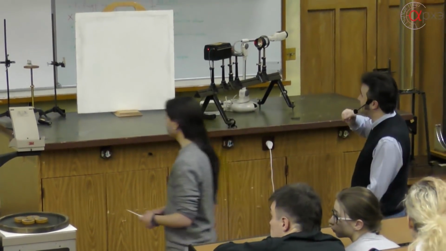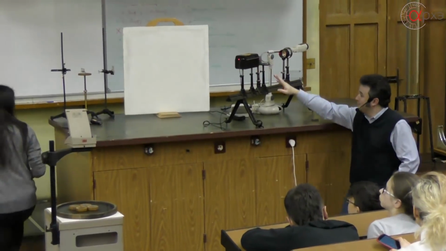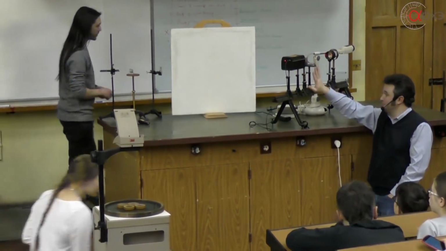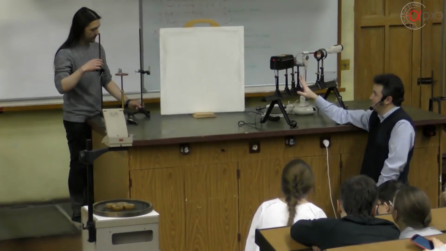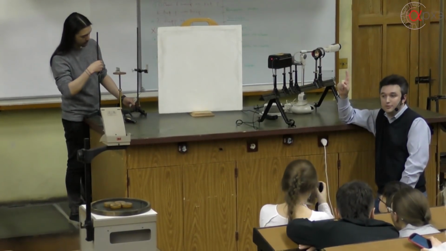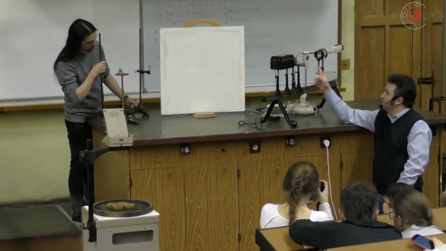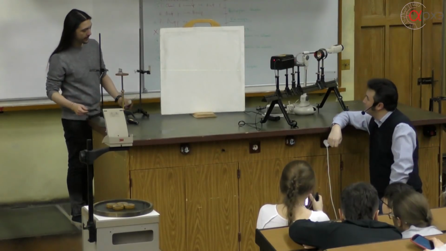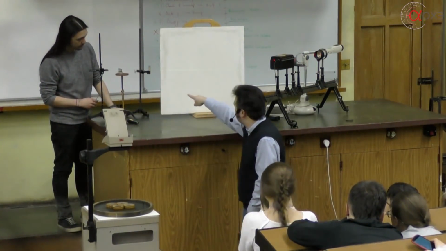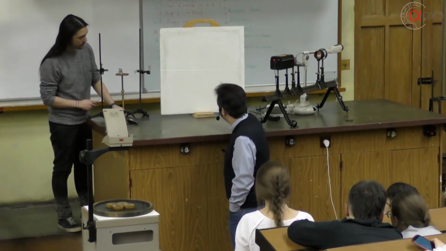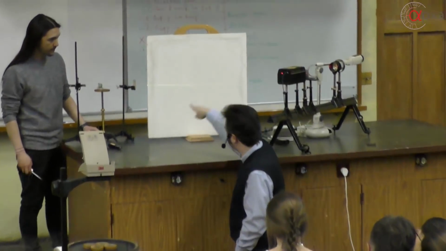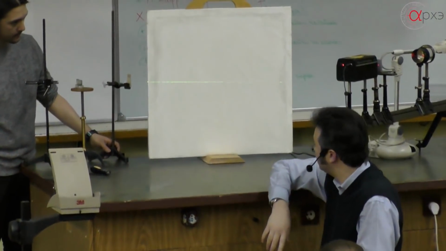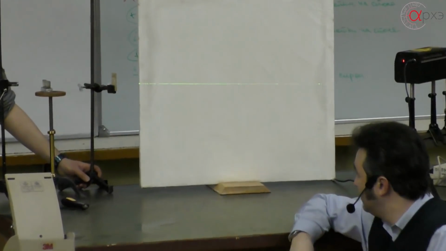In this experiment, we have a laser, a red laser. So there's only one color, one component. Now we shine this laser through a piece of glass, and you can see a nice straight line. This is in accordance with what we expect from light.